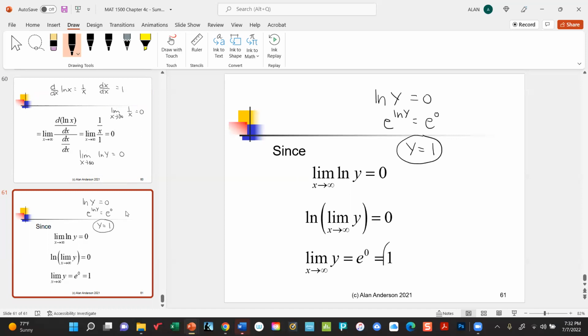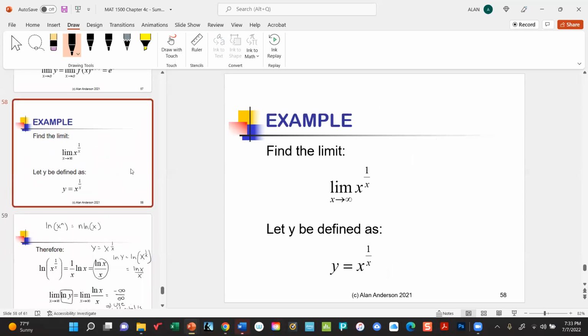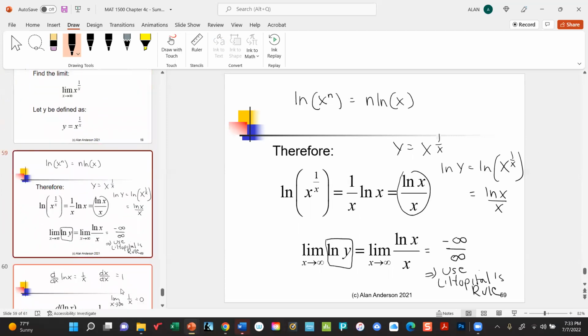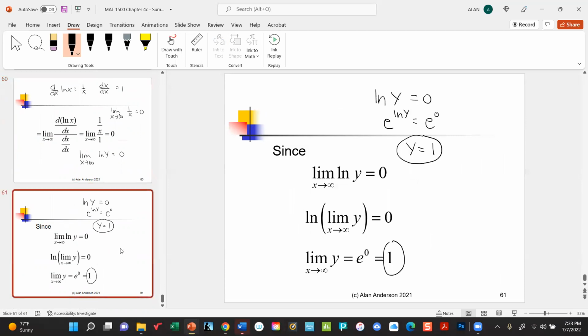So we actually end up with a limit of 1. But here's the thing, though. You have to be careful with that logarithm. It would be easy to forget that we transformed it into a logarithm, and then you might have accidentally said, oh, well, look at this, the limit is 0. No, the limit of the log is 0. The limit of y, the original function, is therefore 1.